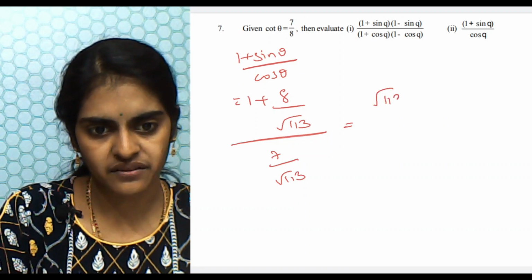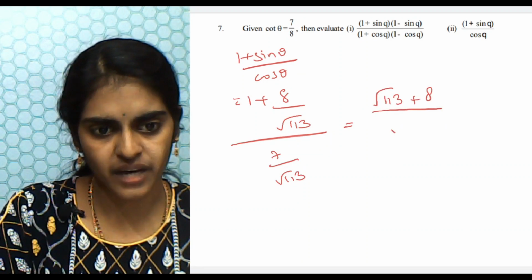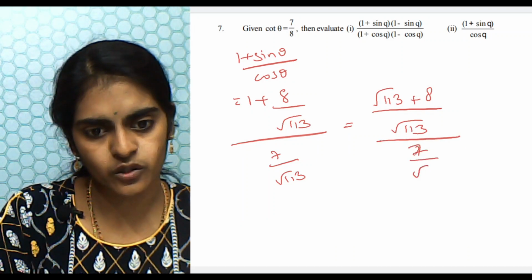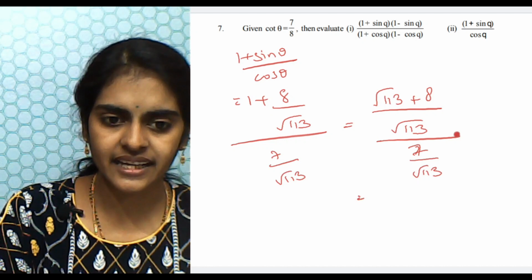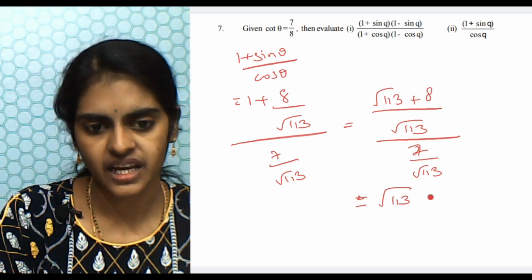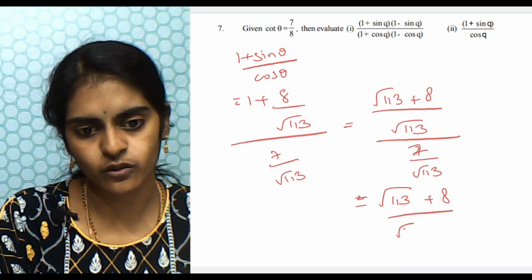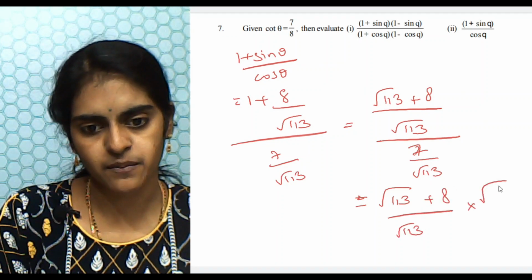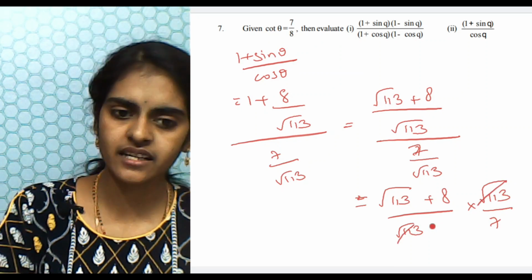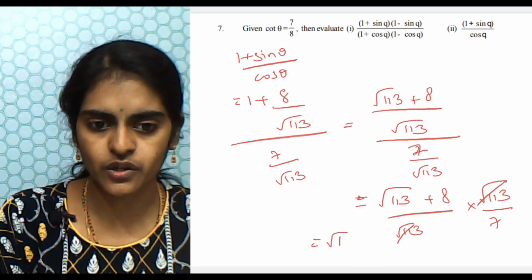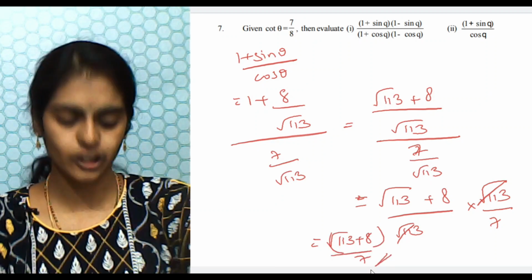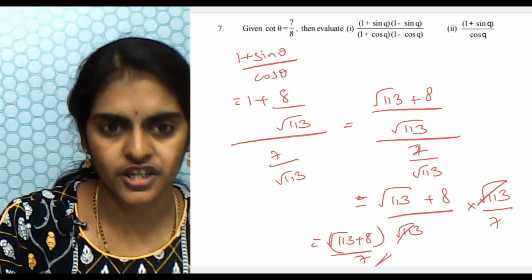So it is root 113 plus 8 divided by root 113, divided by 7 divided by root 113. Taking the denominator to the numerator, it becomes reciprocal: root 113 plus 8 divided by root 113 multiplied by root 113 divided by 7. These two get cancelled, so the answer is root 113 plus 8 divided by 7. Got it? Let us move on to the next question.